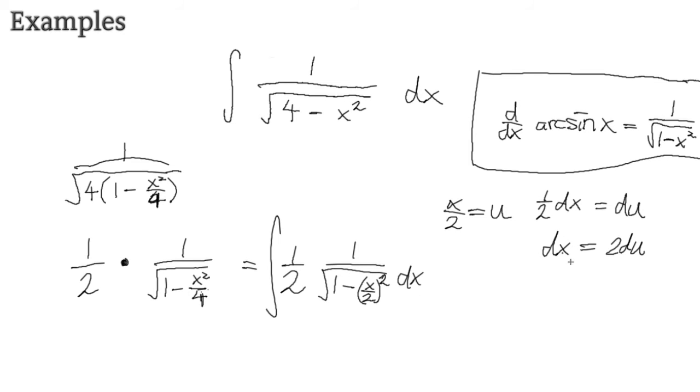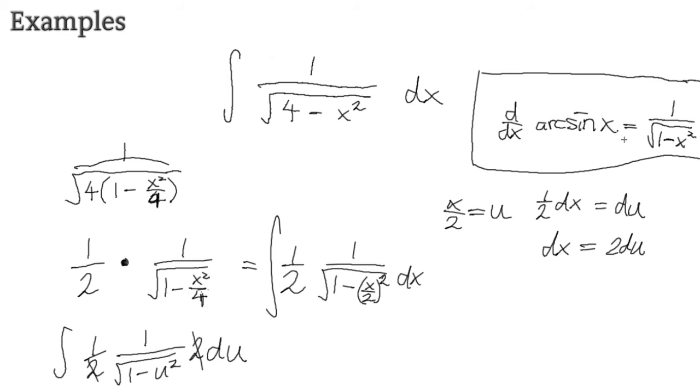So we've got this. Substitute for the dx, we get the integral of half, 1 on root 1 take u squared, du times 2. The 2 cancels, which will give us this expression, 1 on root 1 take u squared, du.